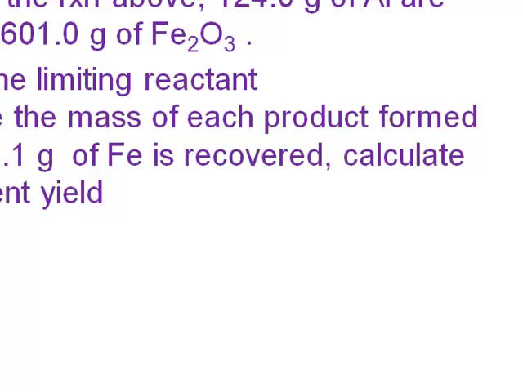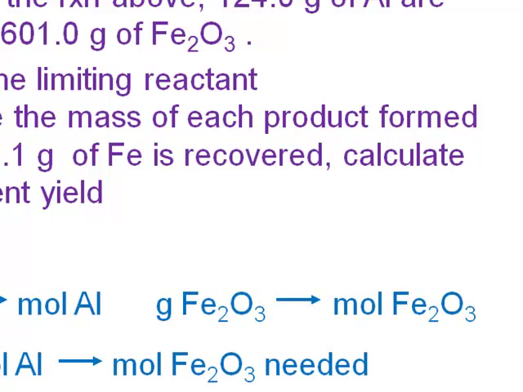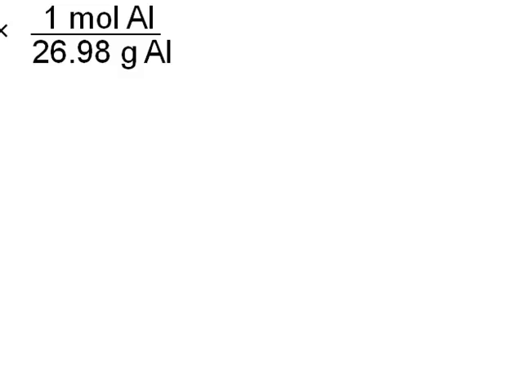So, A, for the limiting reactant. Okay, convert grams of aluminum into moles of aluminum. Then convert grams of Fe2O3 into moles of Fe2O3. Then convert moles of aluminum into moles of Fe2O3 needed, and compare the two. So how would this look? Okay, here's our aluminum converting into moles of aluminum.